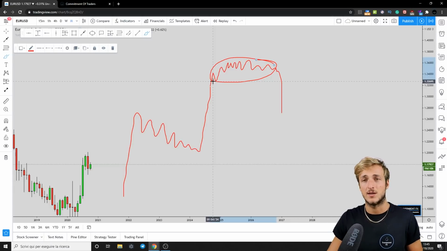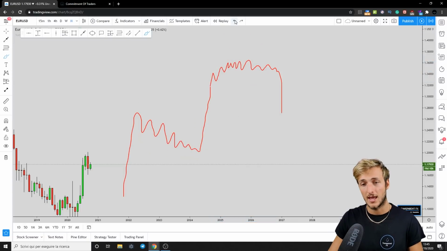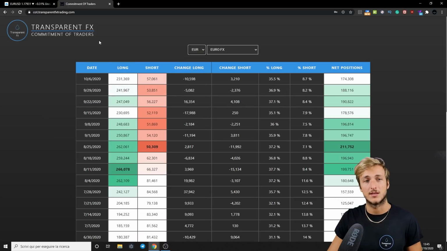And this is exactly the price action that we have already seen lately with Euro USD. So let's analyze this price action, see exactly how this cycle happened, and we can clearly see their orders reflected in the commitment of traders. So we can clearly see where they were accumulating, where they were distributing, and I will show you exactly how this works.